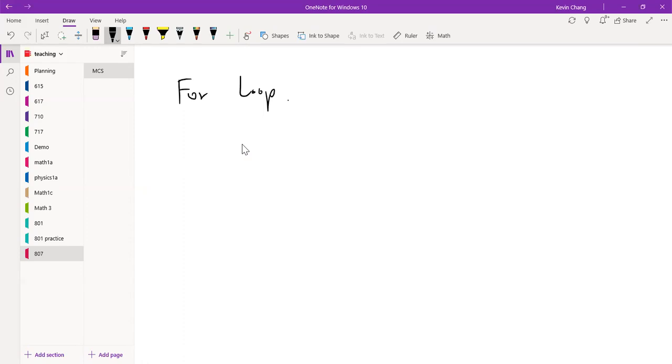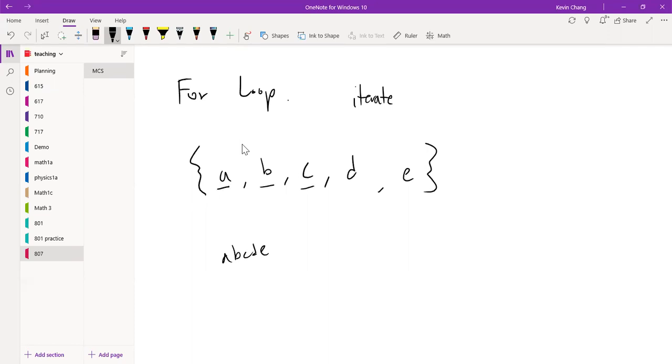So for example, if I have a set of letters A, B, C, D, and E, I can use a for loop to iterate. We say iterate usually in computer science, to iterate through every single item in the set. For example, if I want the computer to output the phrase A, B, C, D, E, I can use a for loop to go through each of the elements in the set and output letter A, B, C, D, and then E. So that's the basic behind a for loop.